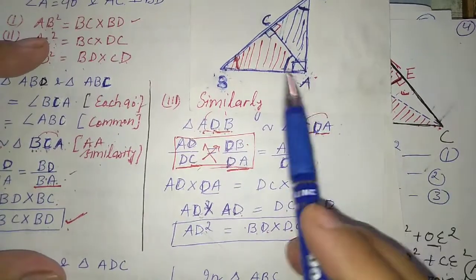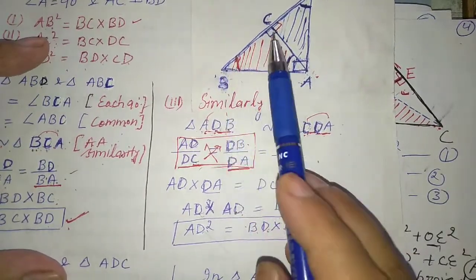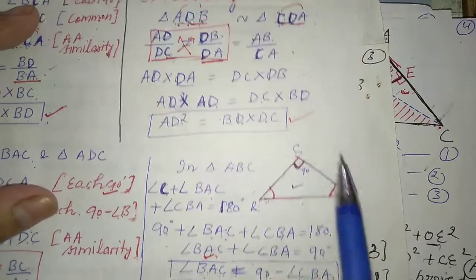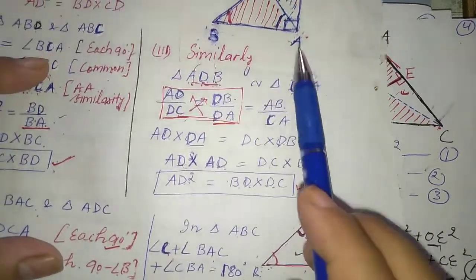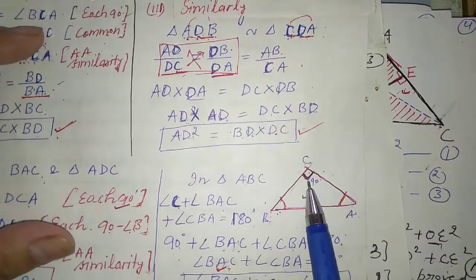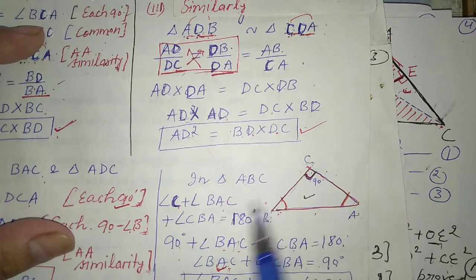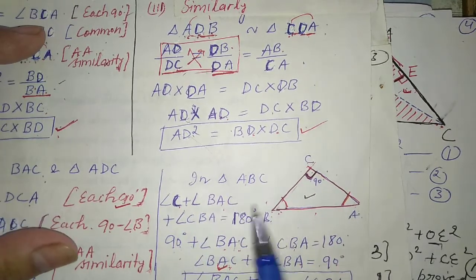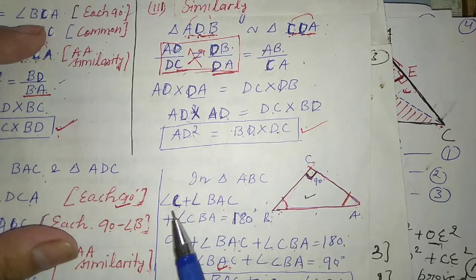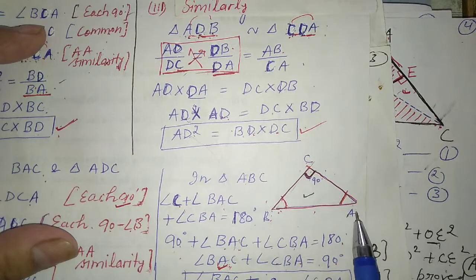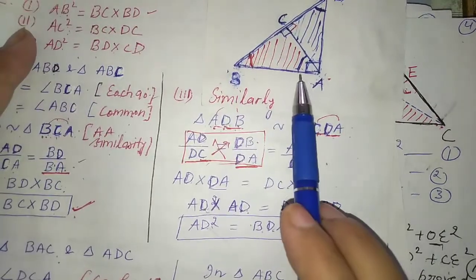This is A, C, B. C is 90. So I have drawn the figure here again. Here C is 90. So we will apply the angle sum property of the triangle. This is angle C. Here I have written angle BAC, because it is divided into two parts.